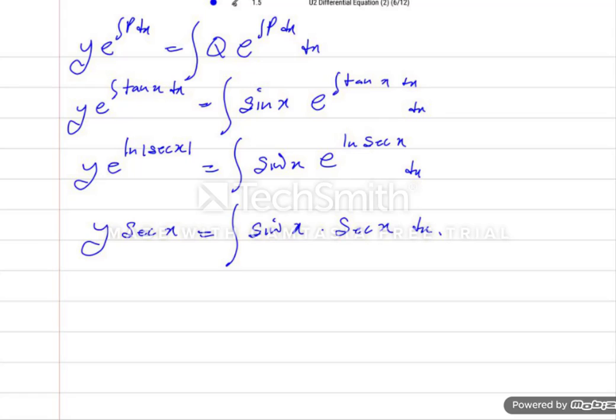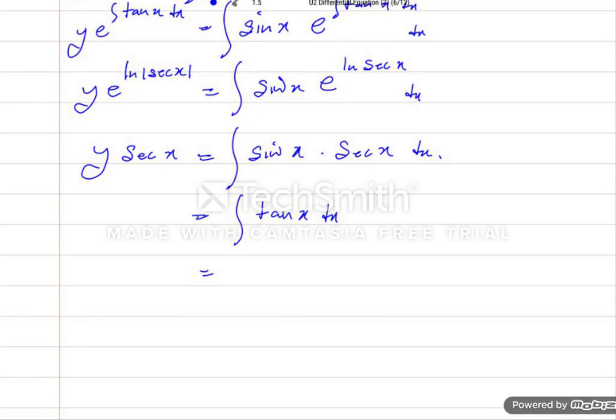But sec x is just 1 over cos, isn't it? So this is really the integral of tan x dx. And again, the integral of tan x is ln sec x plus c, the constant of integration.